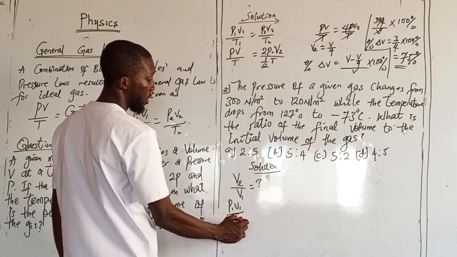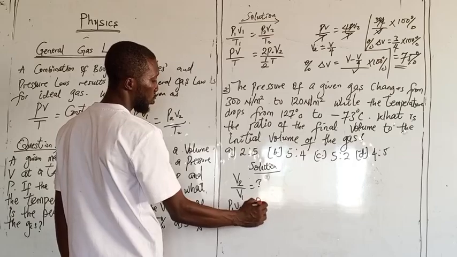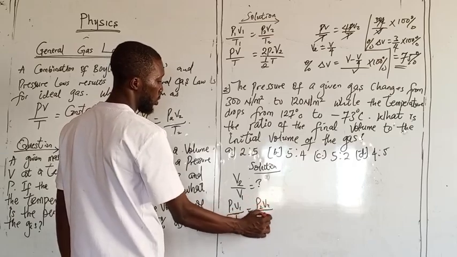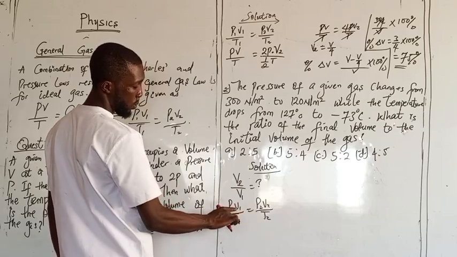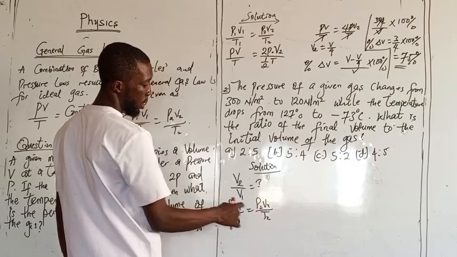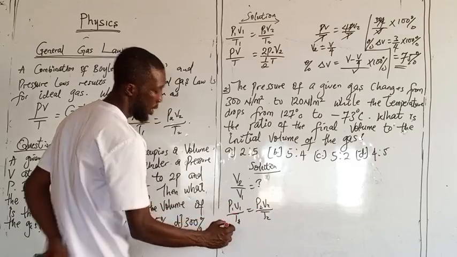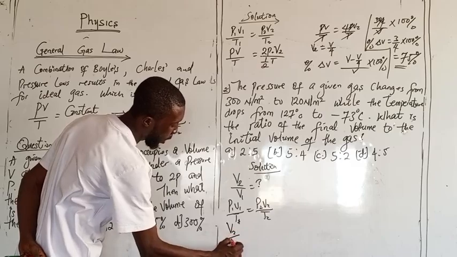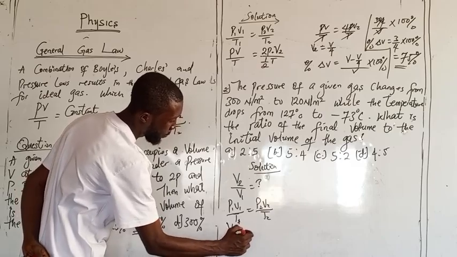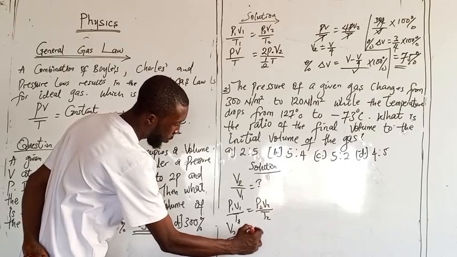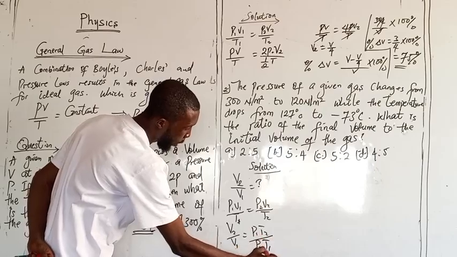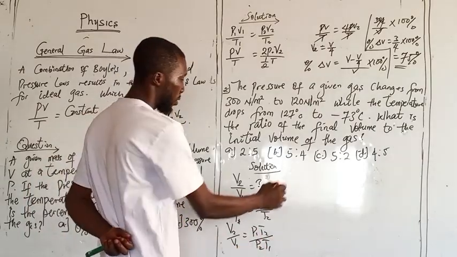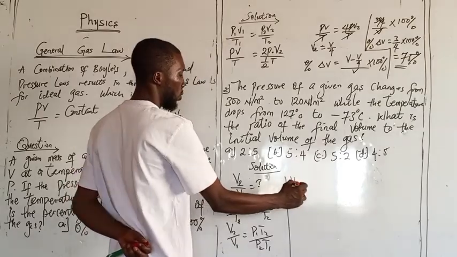From our general gas law, P1 V1 over T1 will be equal to P2 V2 over T2, which simply means that V2 over V1 will be equal to P1 T2 all over P2 T1.